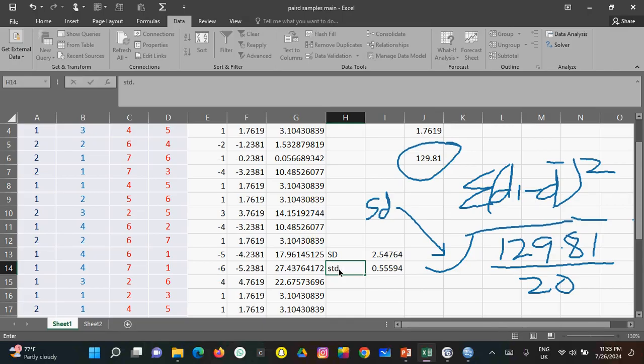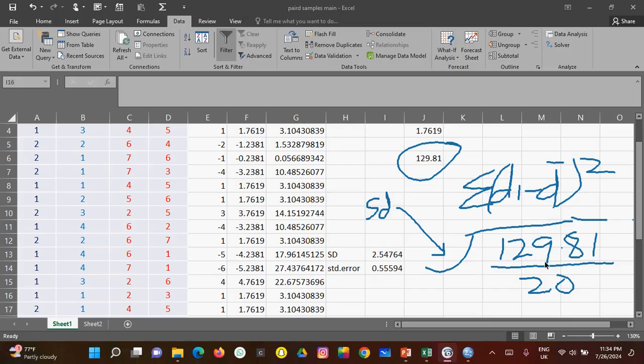SD. This is what we are going to get as our standard error. Remember, we said the standard error is equal to standard deviation over root of n, right?